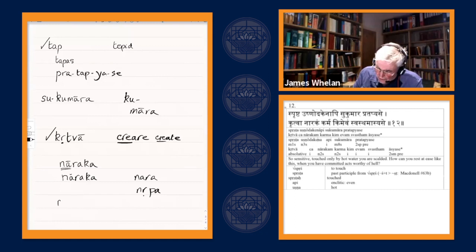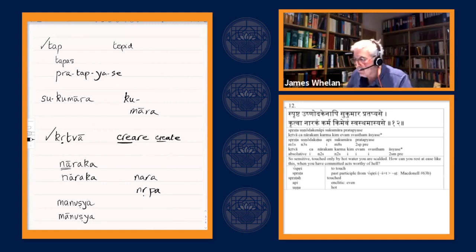Another very common occurrence of this is the word manushya, which means a human being, as a noun, and the corresponding adjective is manushya, meaning human.